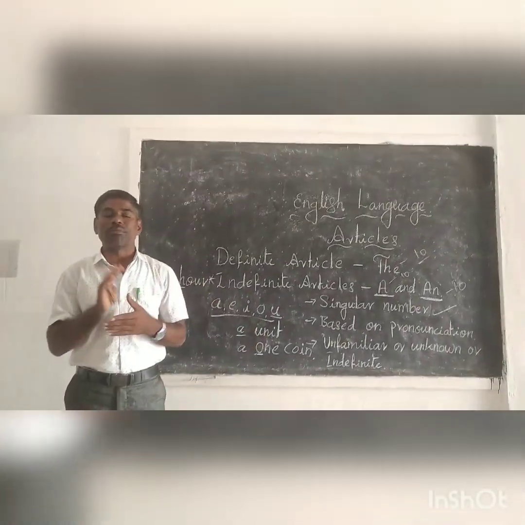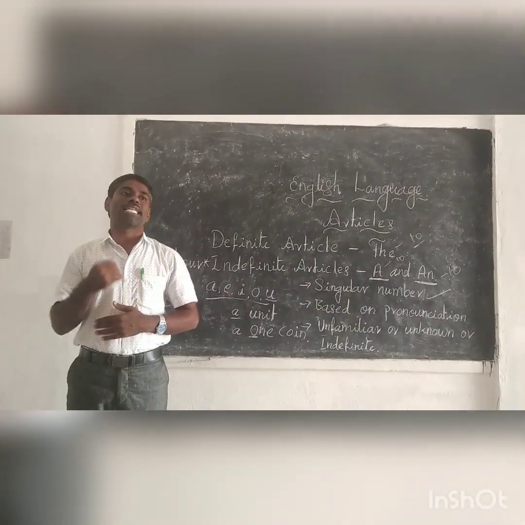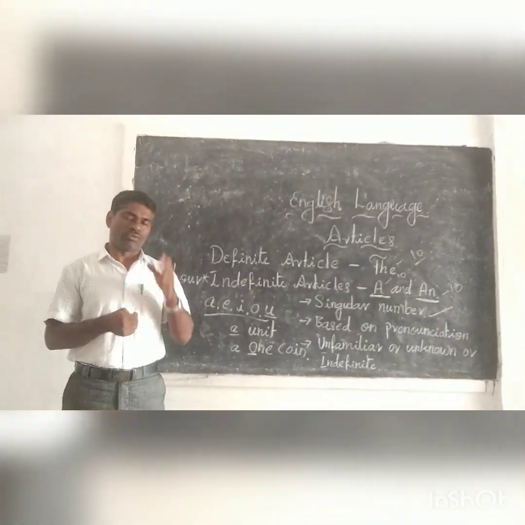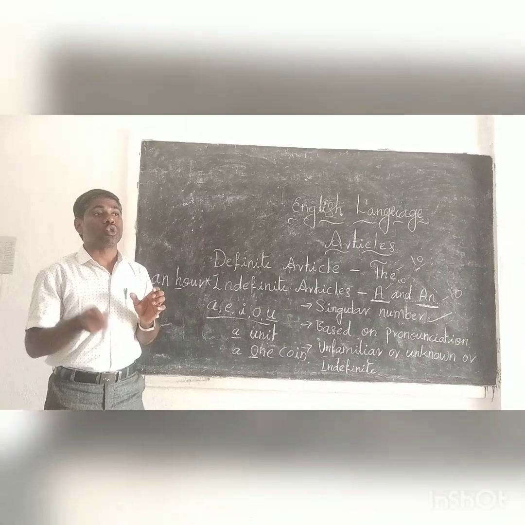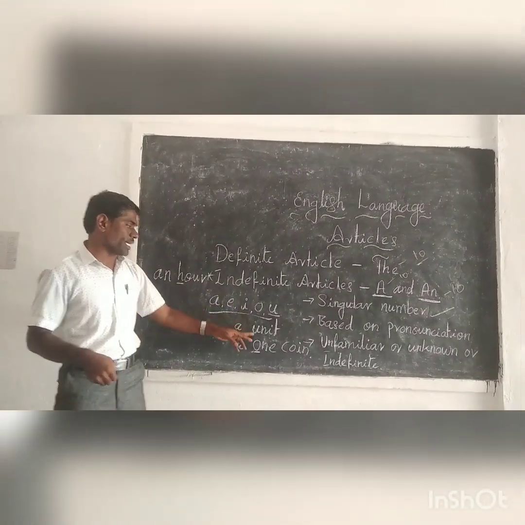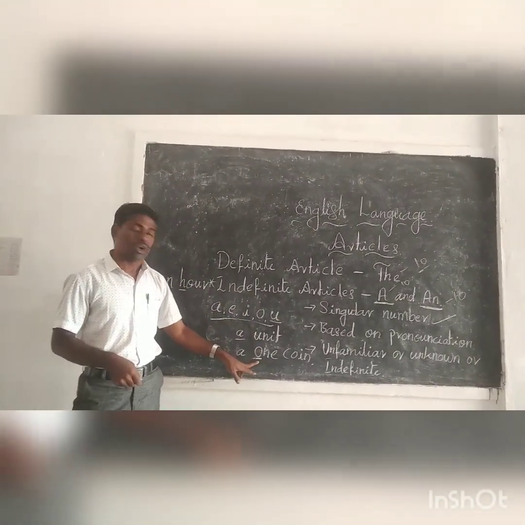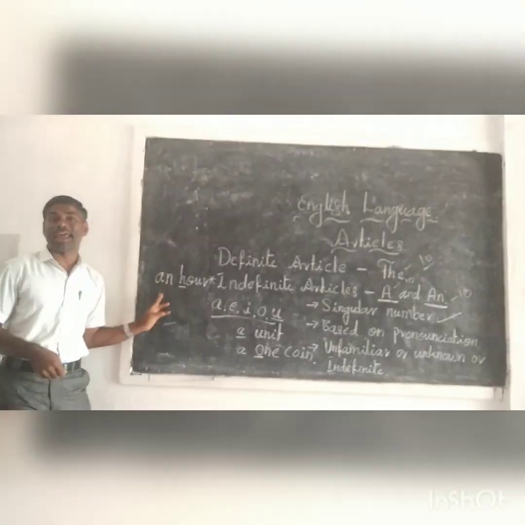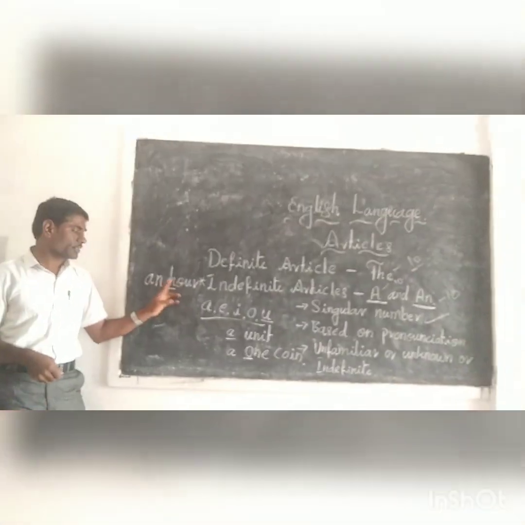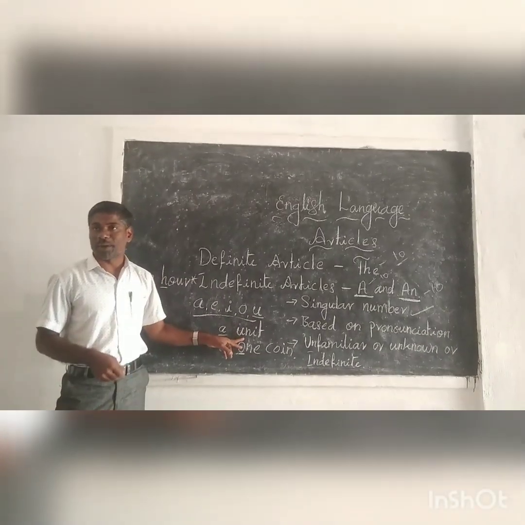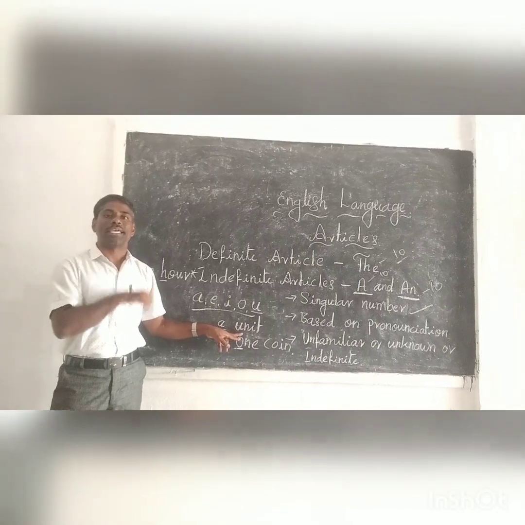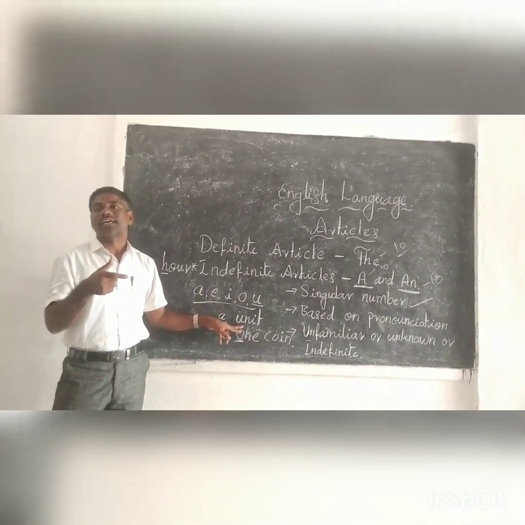There are a good number of silent letters in English. So that's why, at the very beginning of a word, silent letters are there. I gave two examples of those silent letters. Here it started with unit. U is one of the vowels, but here the pronunciation is a consonant.